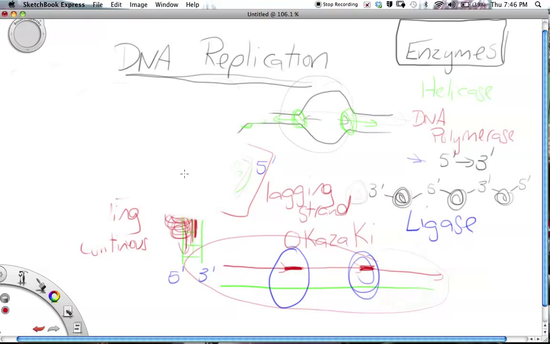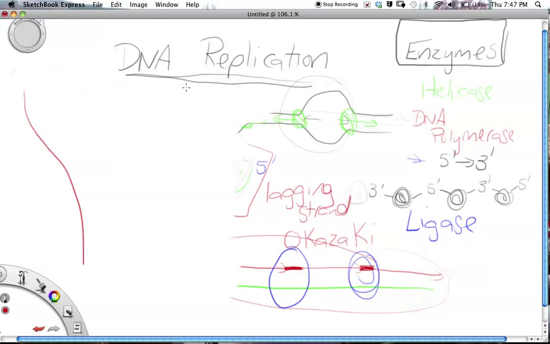a DNA molecule that has been opened. I'm going to draw it really big. Opened by helicase. So helicase has come in here, and we're going to draw helicase in green like we did before. Helicase is right here, breaking those bonds.